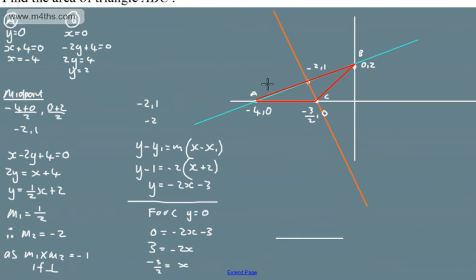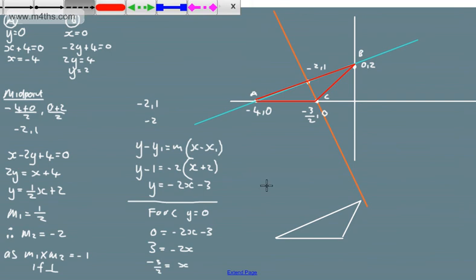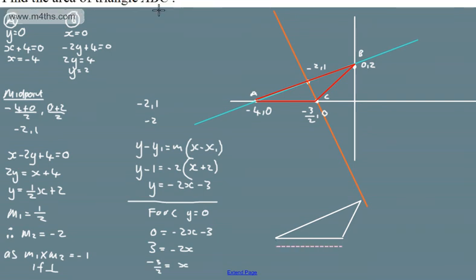The base is AC, and that goes from minus 4 to minus 3/2. That's going to give me 2.5, or 5/2. So we've got 5/2, the distance between A and C.